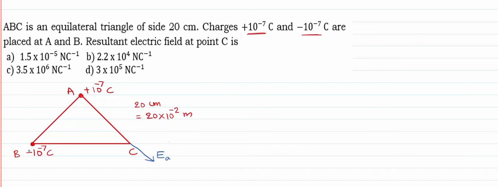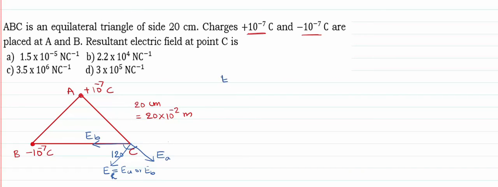The charge at B is negative, so the intensity will be towards negative, so you will have EB towards negative. Both will be equal, and this angle will again be 120 because it is an equilateral triangle. So EA is equal to EB and theta is 120, which means the resultant will be equal to EA or EB.